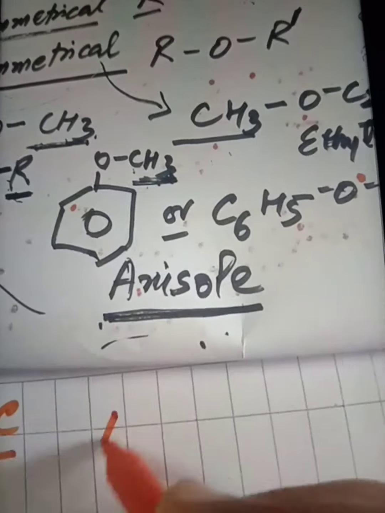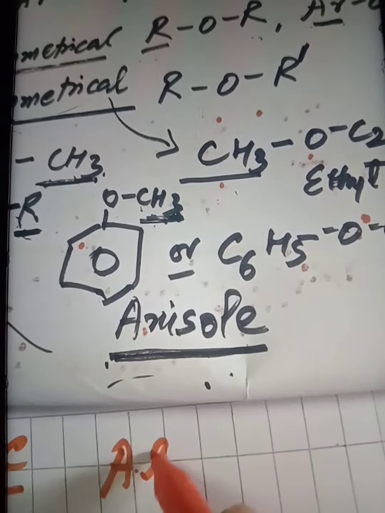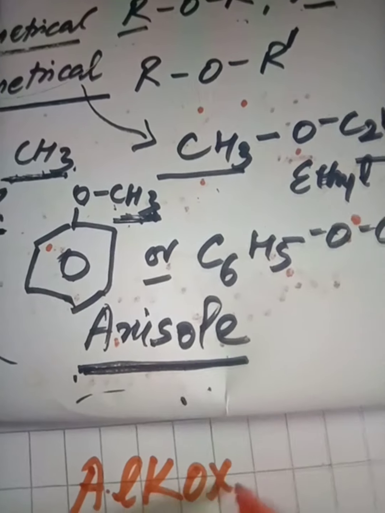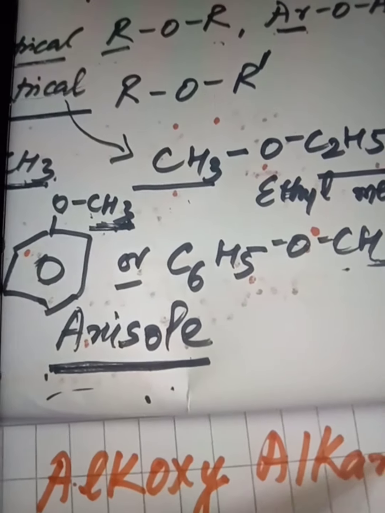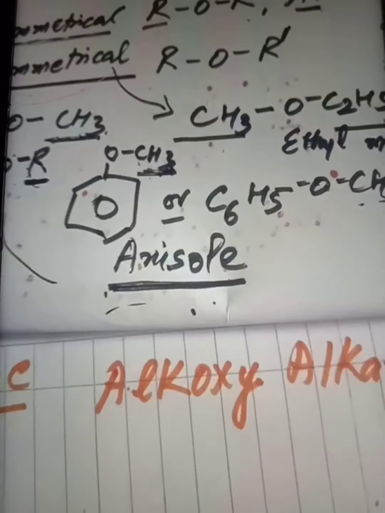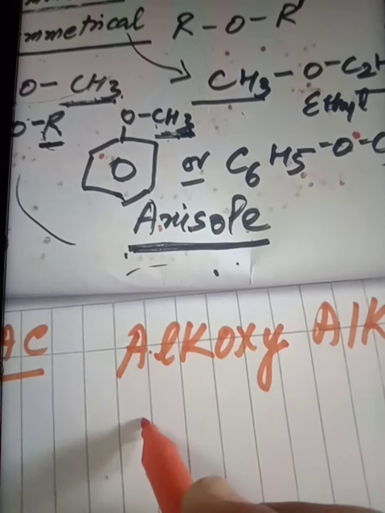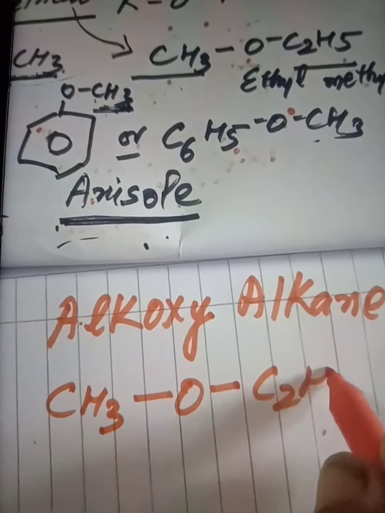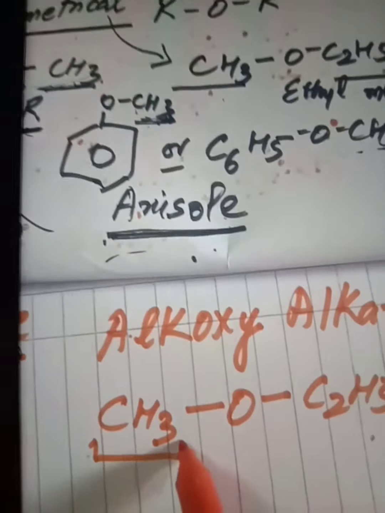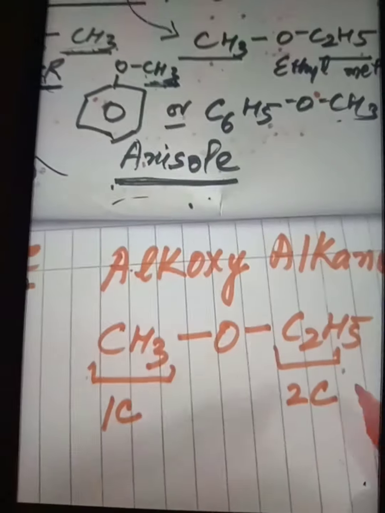Now IUPAC names of ethers. For this you have to learn alkoxyalkane. Example, CH3OC2H5. Here this is one carbon. On this side we have two carbon.